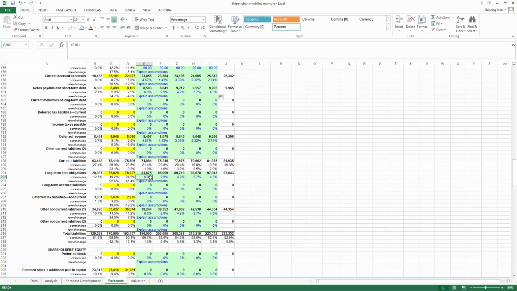I think I entered this reference in the past, so I just refer to the same growth rate as short-term debt and notes payable. So this one shares the same growth rate as notes payable and short-term debt.